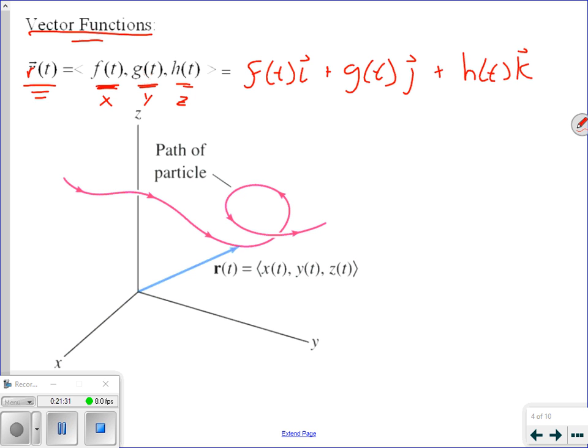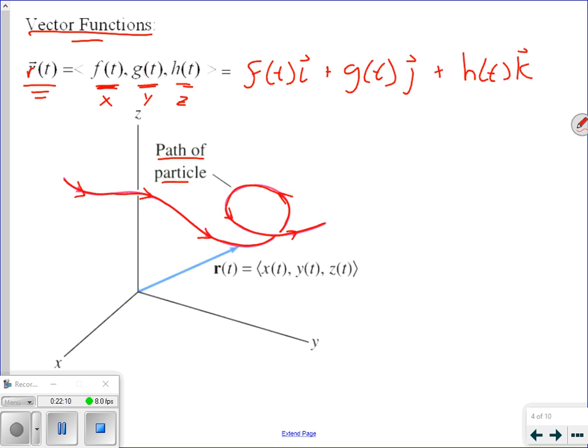But here's a good visual that I really want to help us distinguish between parametrics and vectors. The pink line here, which I'm highlighting again in red, is something that you might see for the path of a particle, and it has a specific direction to it.